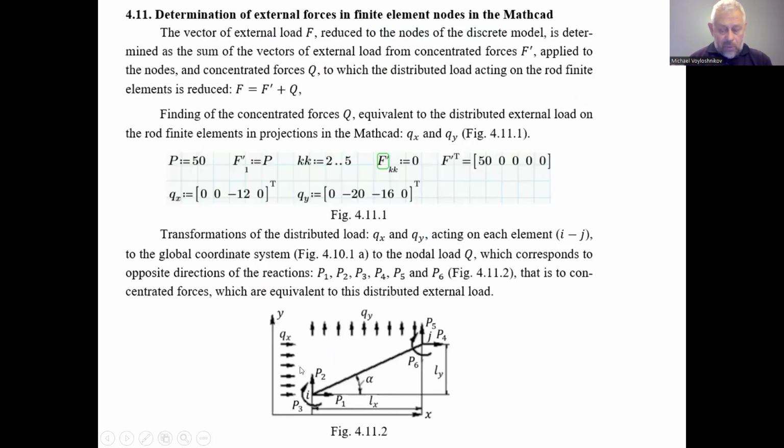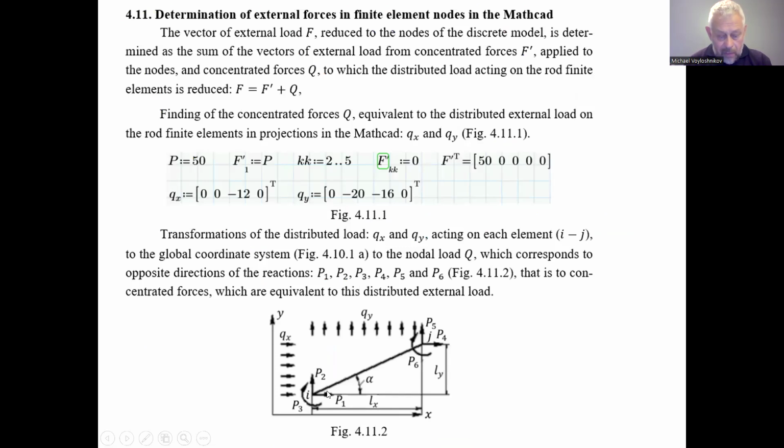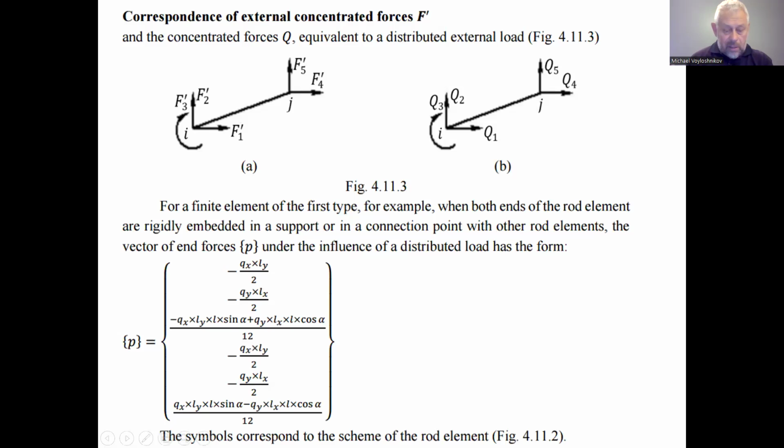But in a general approach, we have 6 displacements of each end of the element in the mechanical system, in the global coordinate system. Six elements, yes: 1, 2, 3, 4, 5, 6 elements of the forces corresponding to 6 elements of the displacement of each end of the element of the mechanical system. This is a definition for the finite element of the first type.